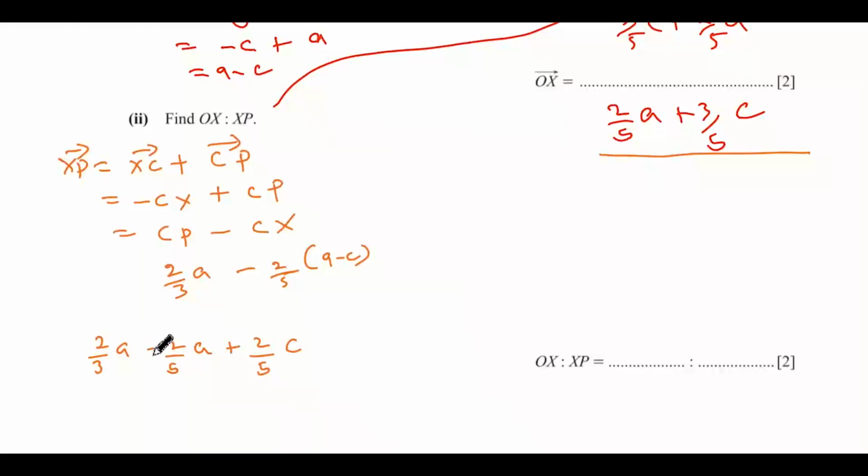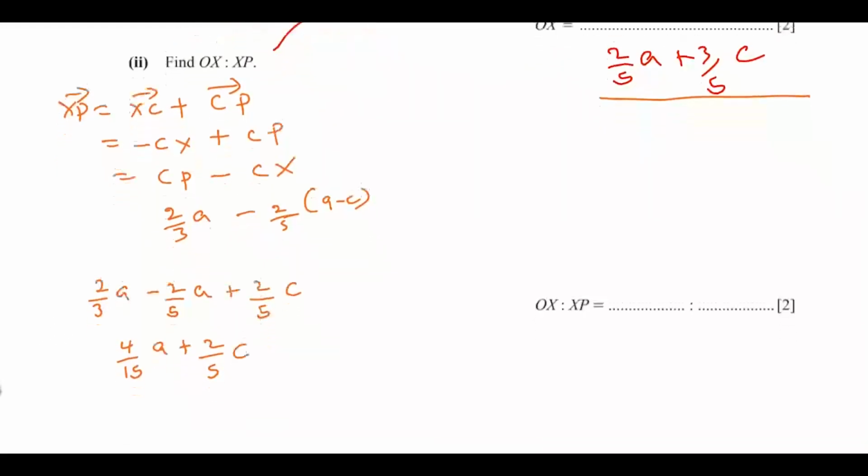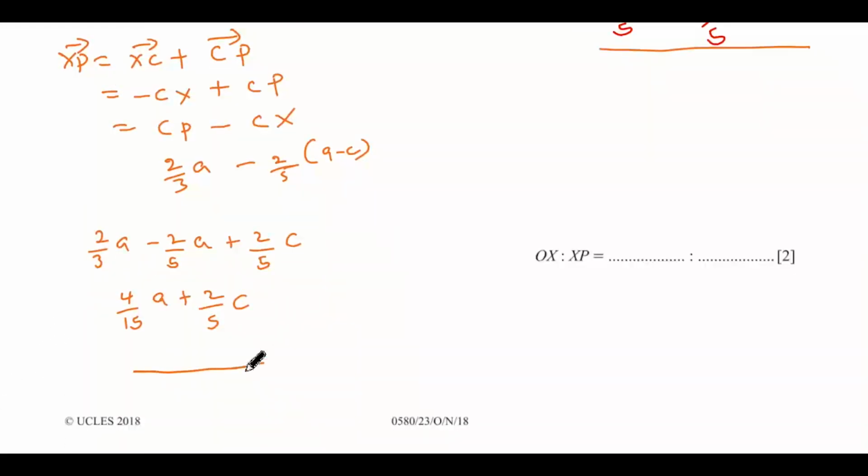If you subtract 2 over 5 A from 2 over 3 A, you will get 4 over 15 A, then plus 2 over 5 C. If you find the LCM and simplify, the LCM of 15 and 5 is 15. 15 divided by 15 is 1, 1 times 4A gives 4A. Then 15 divided by 5 is 3, 3 times 2C gives 6C.